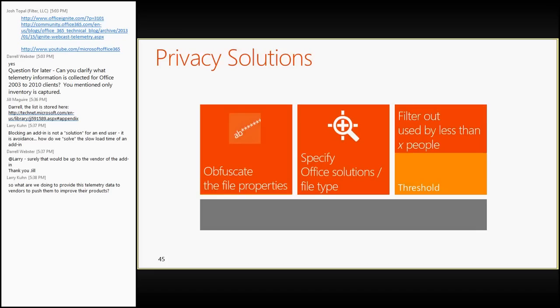Finally, we also give you threshold ability to filter. Let's say there's a document that's only being used by one person in the organization. Maybe that's not that important, and you can say, only if a document is being used by 3 or more users do I want to know that information. So we give you the power to filter that information out as well.